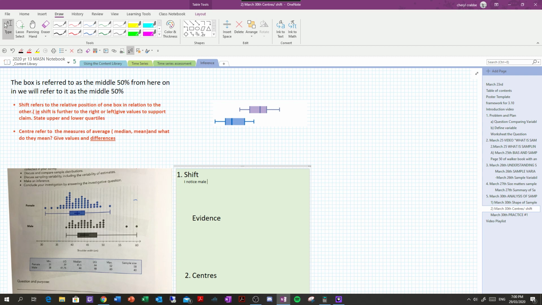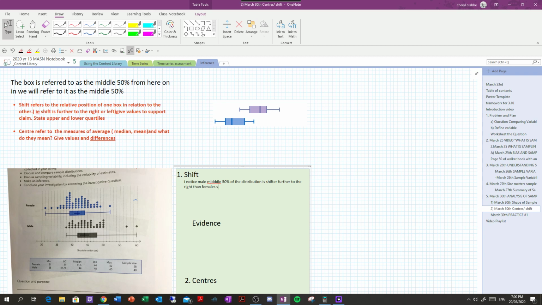But anyway, I noticed the male distribution, or the male middle 50% of the distribution is shifted further to the right than females.